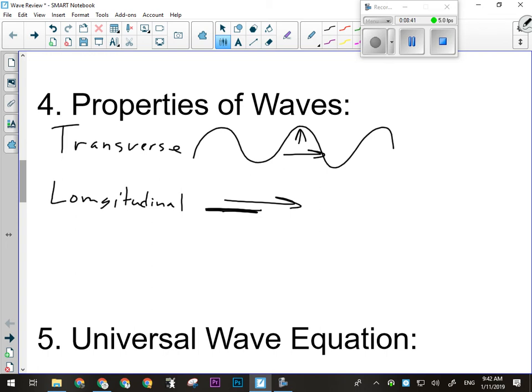Other things we talked about were terminology mostly. If we're dealing with a wave, the distance from here to here is one wavelength.